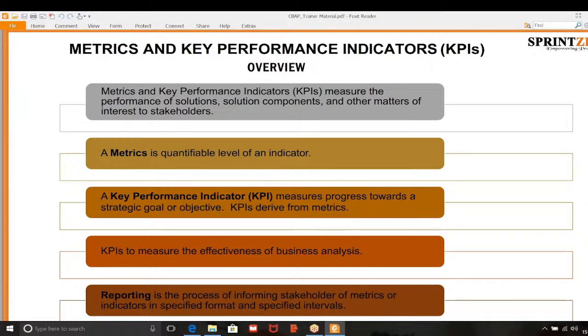Let's take an example of this team. This is an operations team wherein 10 guys work on a daily basis on work items. You understand the concept of work items, right? So they're working on work items. Let's say we want to count how many work items were resolved by this team in the month of November.